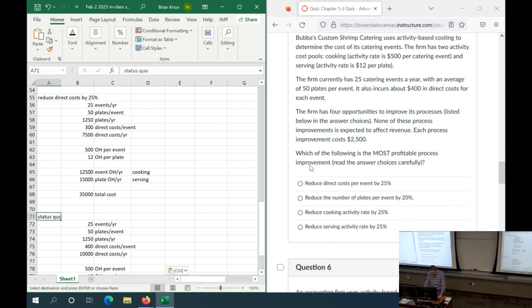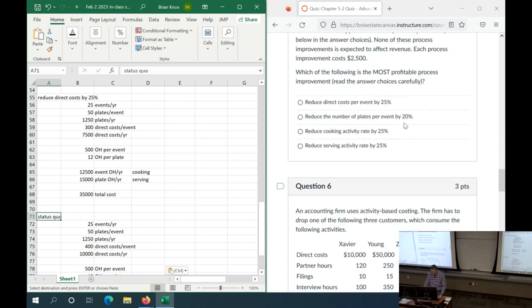Second, reduce the number of plates per event by 20%. Okay, my alarm bells are going off. The professor's creating questions, trying to make sure there's only one right answer per question among the 4 distractors, the 4 possible answer choices. 20% is lower than the others.